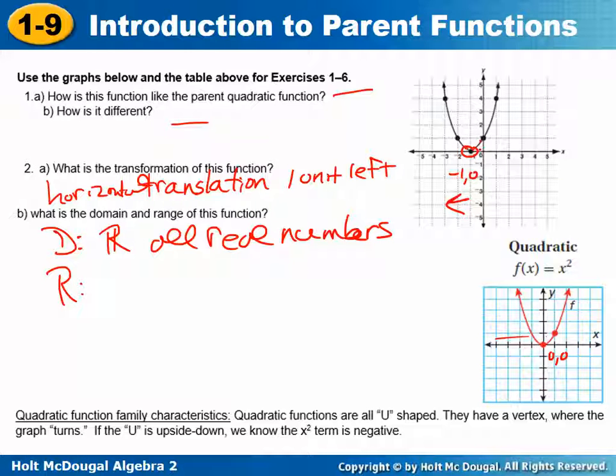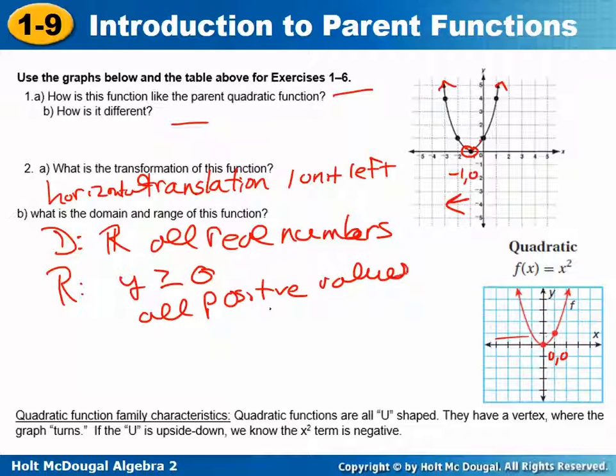The range is, it will never be, the y values will never be negative. Both of these are pointing upwards. It's never going to get lower than y is greater than or equal to 0. Or you can write that all positive values of y, if you want to write it out in words. So all the y coordinates will be positive.